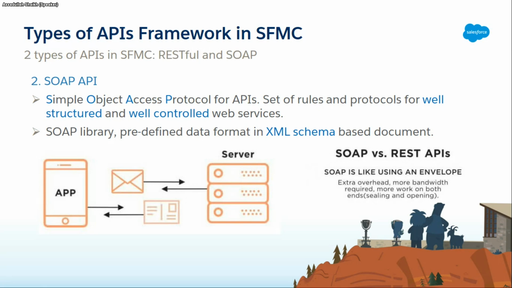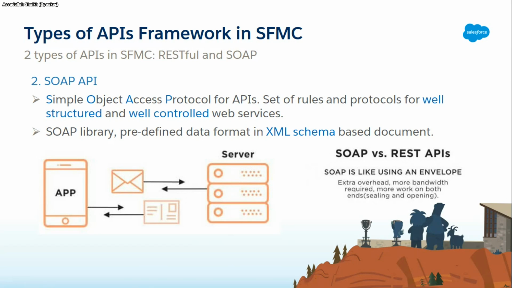So, to share an example of how REST and SOAP API are different, as depicted in the image as well. For example, you are sending a letter to someone, an envelope or a postcard. When you send an envelope or you receive an envelope from a bank to your home, it requires you to open the seal, or it is more secure in a way, and it requires you to do some more work at both ends.